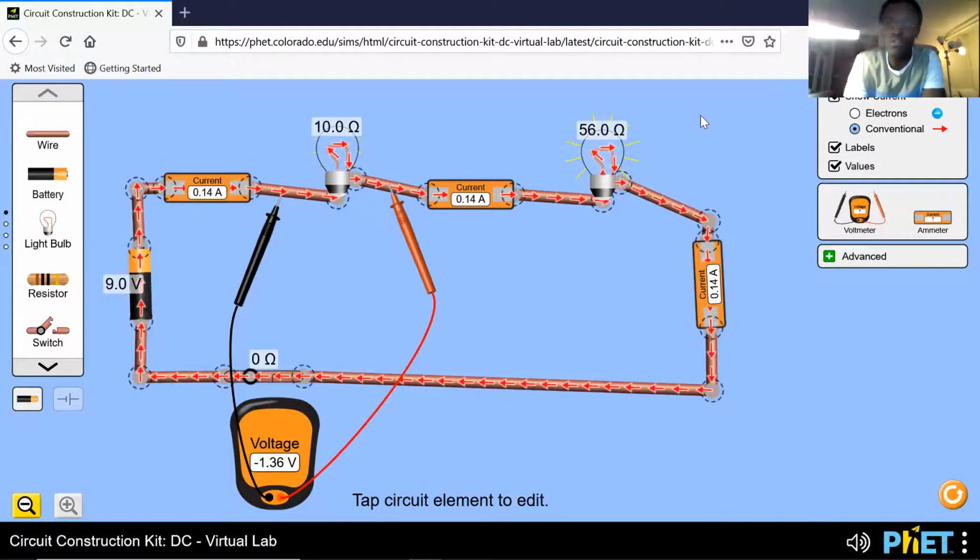In the same way, the electrons, when they start at this terminal of the battery, have a lot of potential energy. As they cross resistors, they lose their potential energy, which is the same as going down, until they get to the other terminal of the battery where they have no more potential energy.